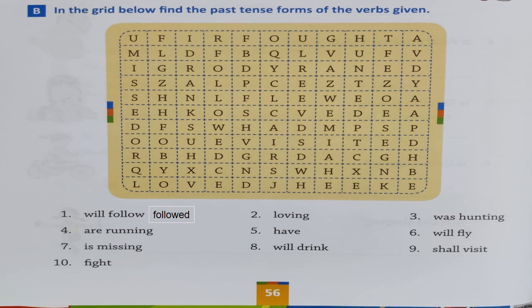Next, are running. What is the past tense of it? Ran. Next, is missing. Missed. Next, fight. Fought. Loving. Loved.